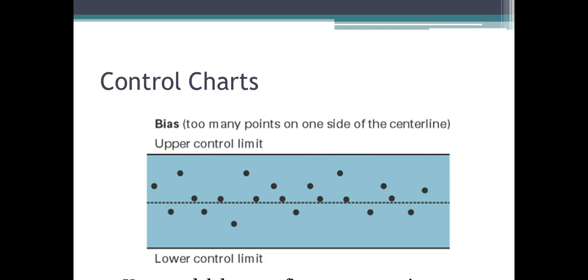Probably the worst kind of control chart you can see is one in which most of your errors are above the zero line, much closer to your upper control limit, or below the zero line, much closer to your lower control limit. This is a case of bias.